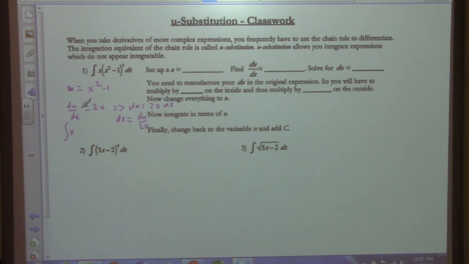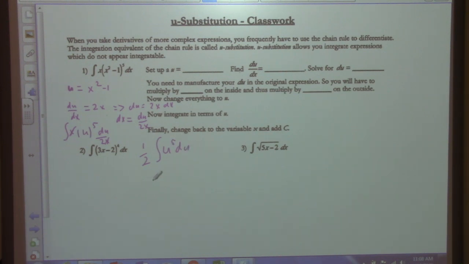So here we can rewrite this thing as x times u to the power of 5, and substituting dx with du over 2x, what do we have left here? x over x. So we have 1/2 integral of u to the 5th du.